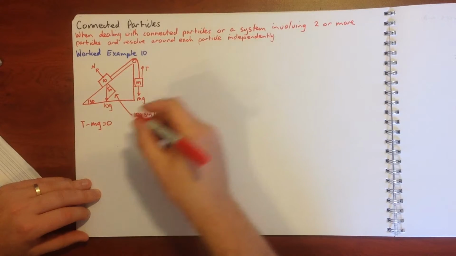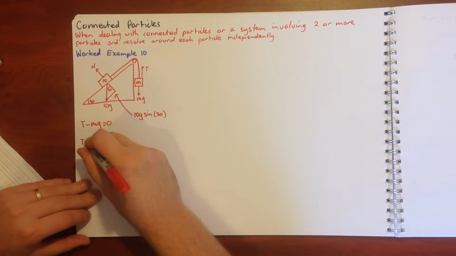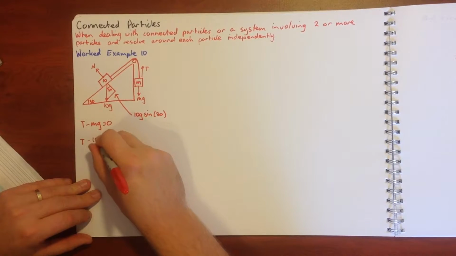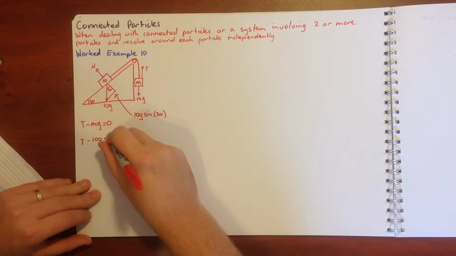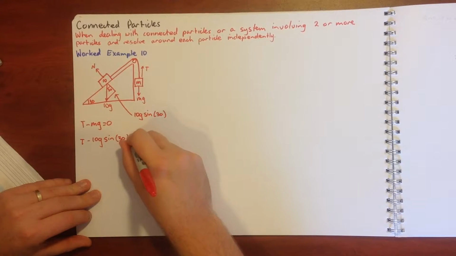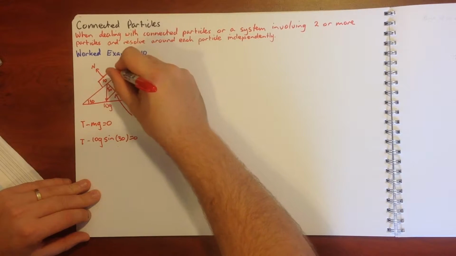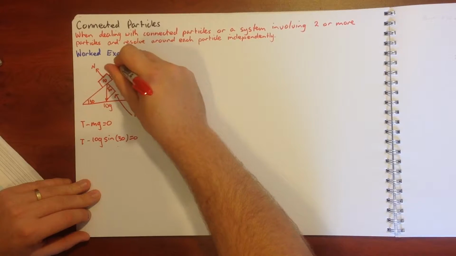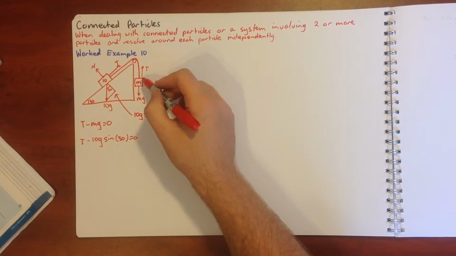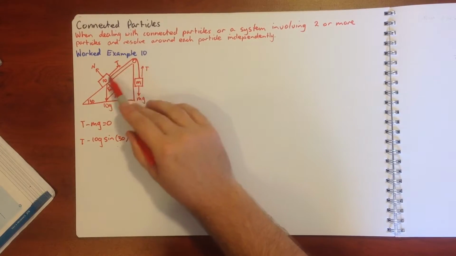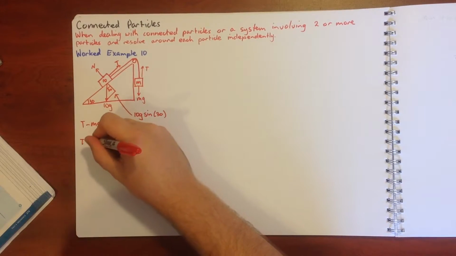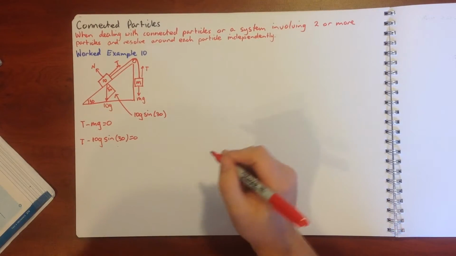So we also know that our tension force minus our 10g sine of 30 has to equal 0, because we're going to have our same tension force, T, up here. So this provides our tension force. It also acts here. Okay, so we're getting there now.